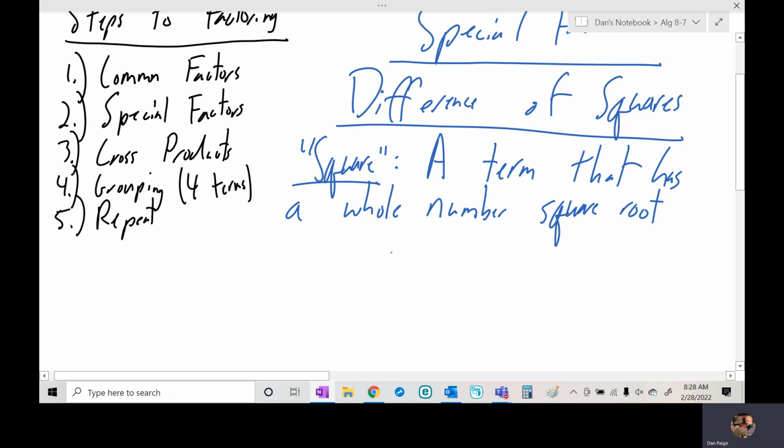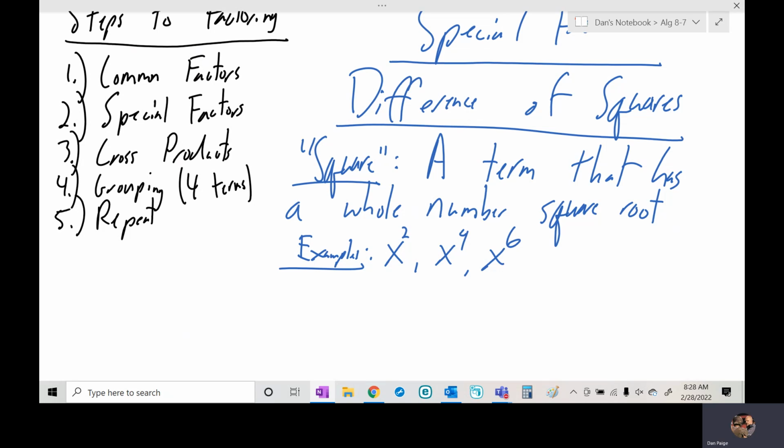Right here, let's talk about some examples. X squared, right? Because the square root of x squared is x. X to the fourth. What's the square root of x to the fourth? X squared. Okay, let's try this next one. X to the sixth. You might think 6 isn't a perfect square. It is in the strange land of exponents.